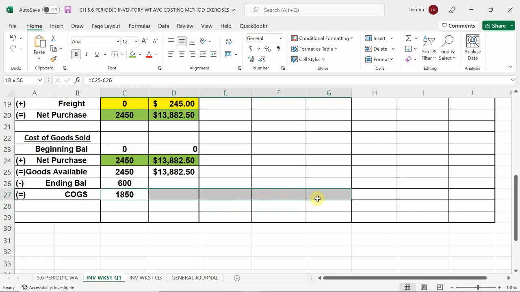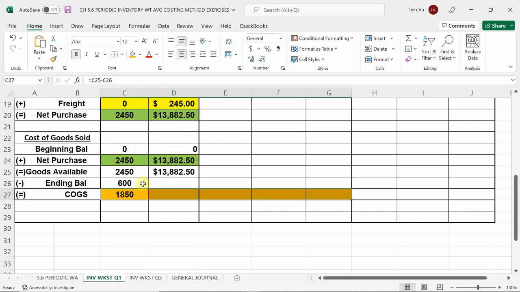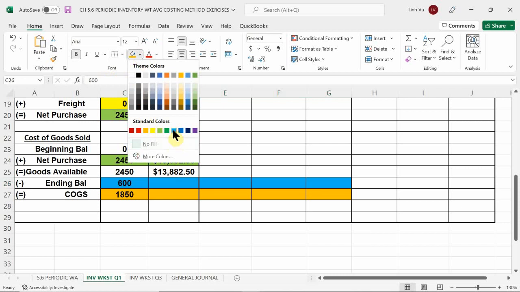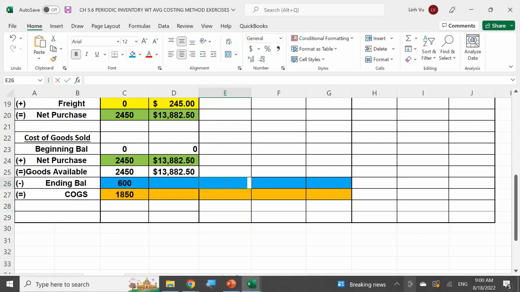1,850. So I'm going to call this my orange batch. Okay. And I'm going to call this one my blue batch. Okay. So here, we know that we need to have 600 units as our ending balance here. And we need 1,850 as what we sold.